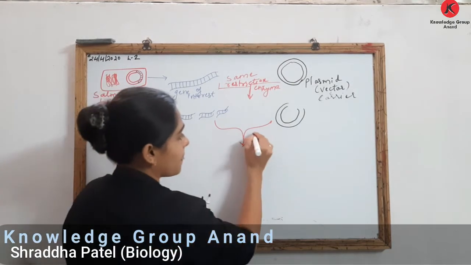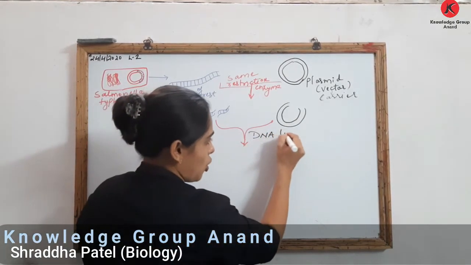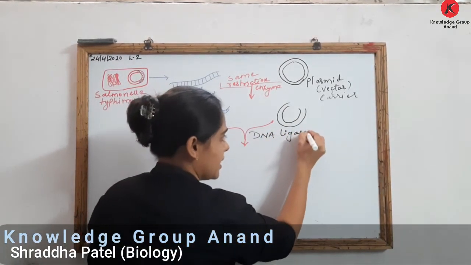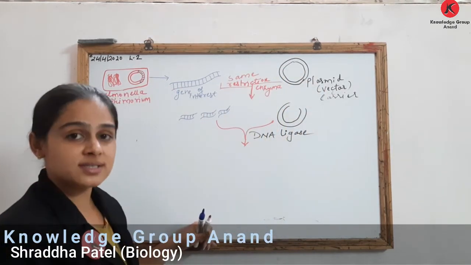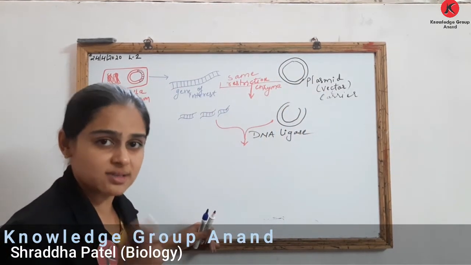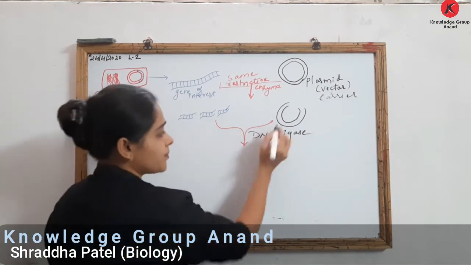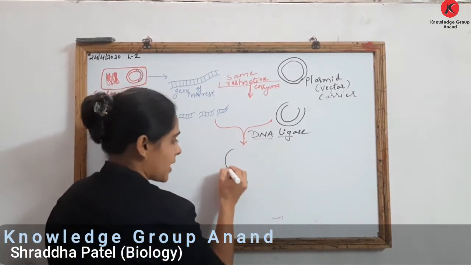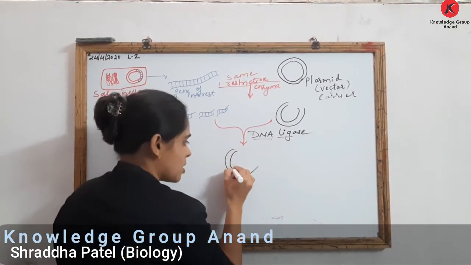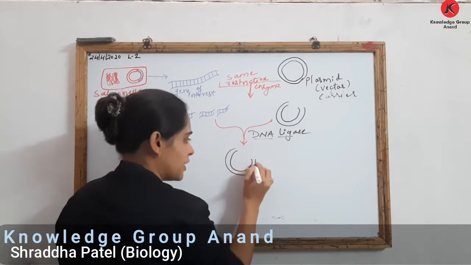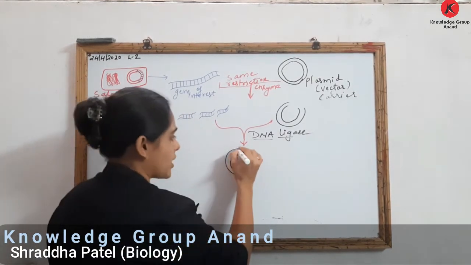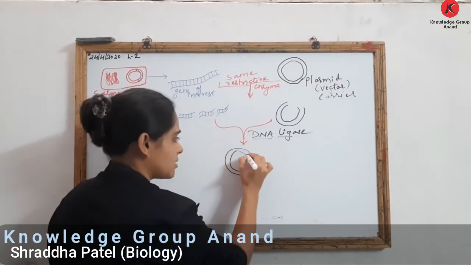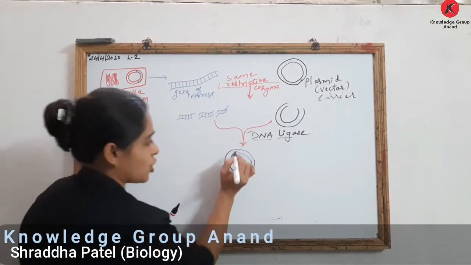Now, by using an enzyme called DNA ligase, which joins the cut ends. Which enzyme is it? DNA ligase. So here I have used your enzyme DNA ligase. What will this DNA ligase do? It is going to join the cut ends of your DNA. Yes or no?